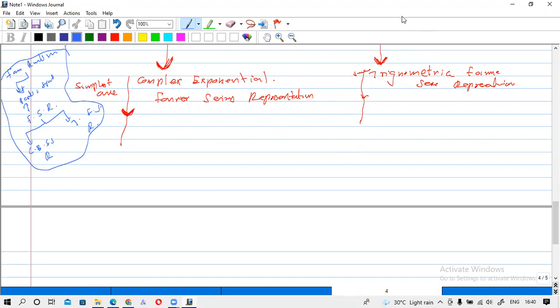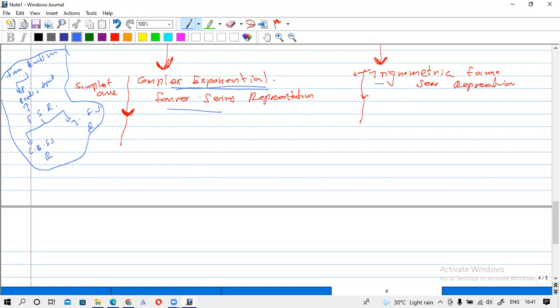Okay. So if you have any periodic signal, someone tell me what is the common property of the complex exponential signal and the trigonometric signal?